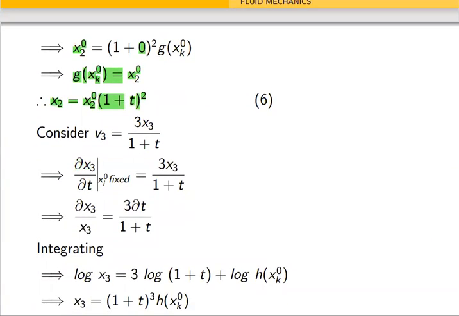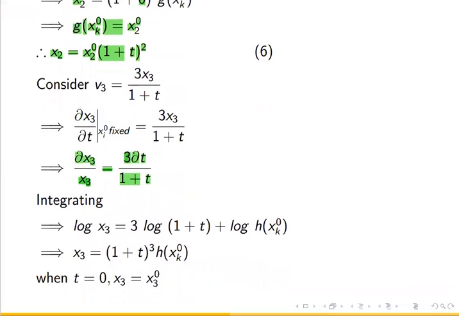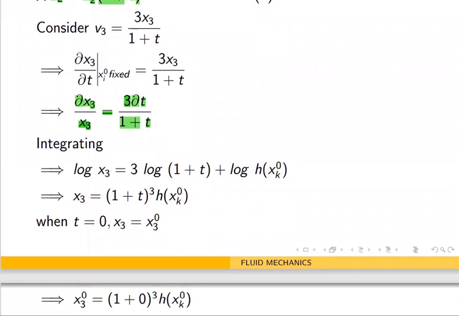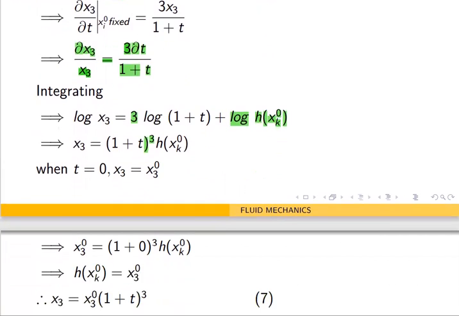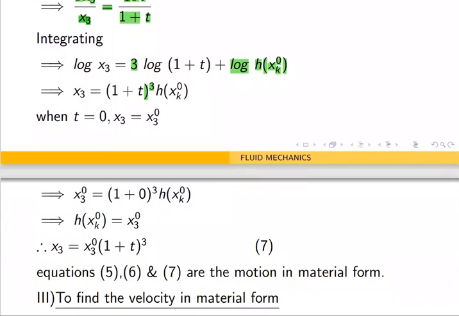Similarly v3, same steps. Separating the variables, since xi naughts are fixed, we take a function of xk naught. We take log because there is log here, the 3 comes as power, and we can find that function, which will be x3 naught. So x3 is equal to x3 naught into 1 plus t whole cube.